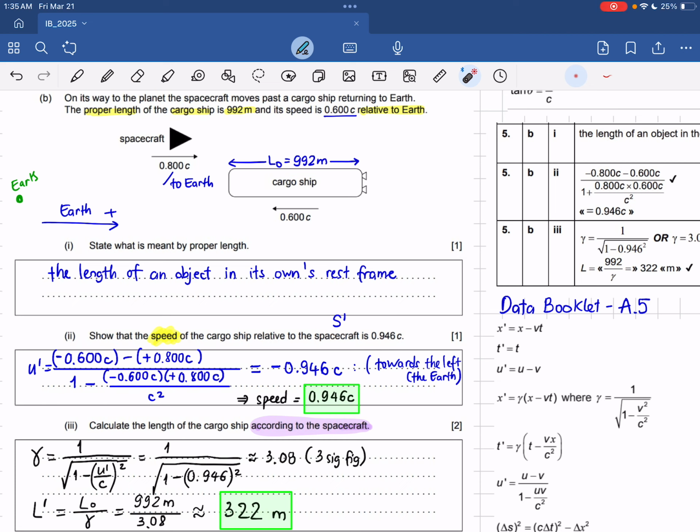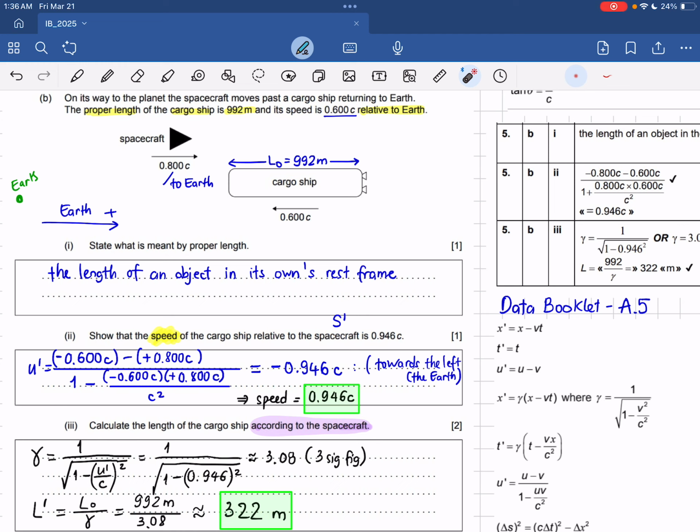I hope that you can remember and recall that the proper length of an object is its length in its own rest frame. So basically, we just have to see the length measured at the frame itself. For example, if you want to see how long the cargo ship is, the person should stay at rest on the cargo ship, and they can measure from the front of the cargo ship to the back of the cargo ship.